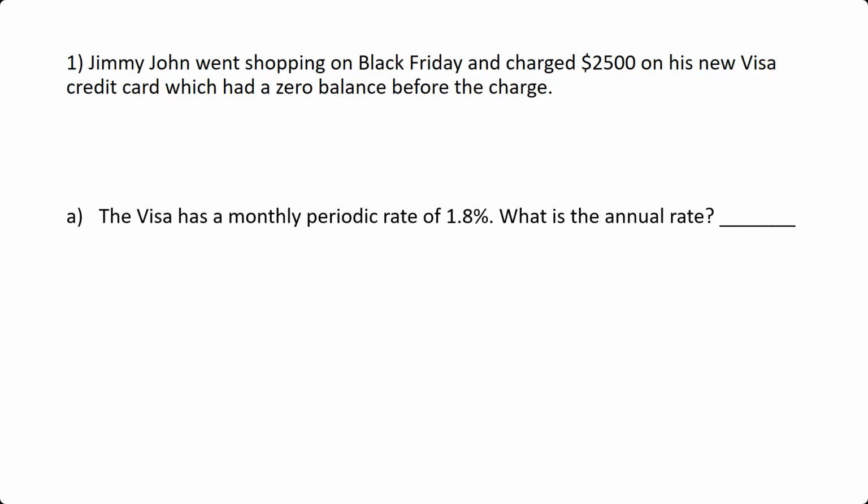How would we find the annual rate? Since it's monthly, that's 12 times in a year, so you just take the 1.8 and multiply by 12. That's a 21.6% annual rate. So it's not taking into account the compounding, it's just making the rate annual.